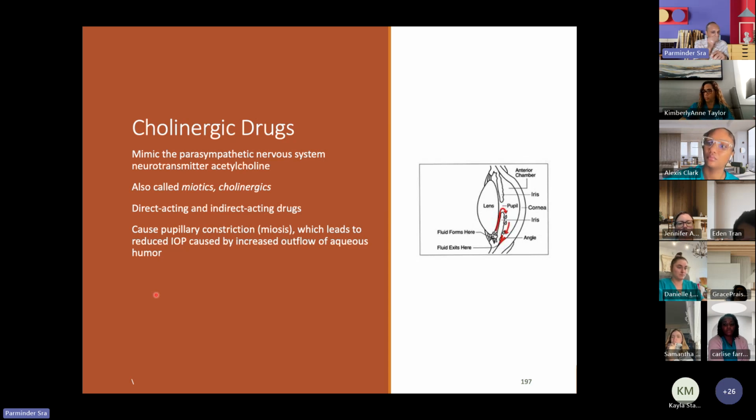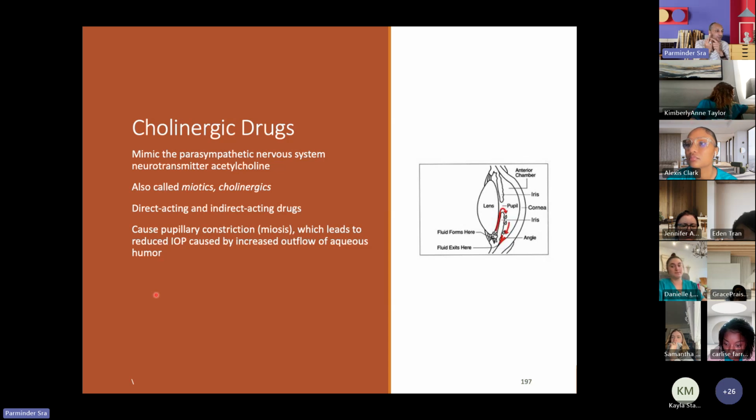How do they work? They stimulate the muscarinic receptors in the eye, leading to contraction of the ciliary muscle, which increases the outflow of the aqueous humor, the water in the eye, which lowers the intraocular pressure. Remember, three things can happen.